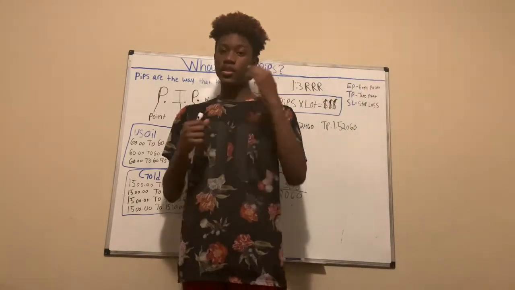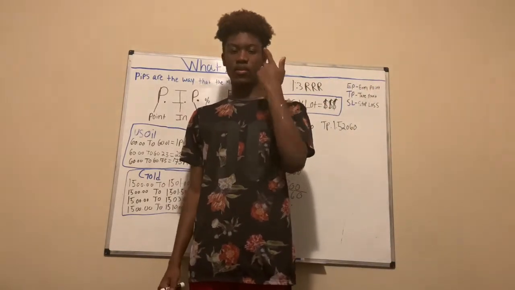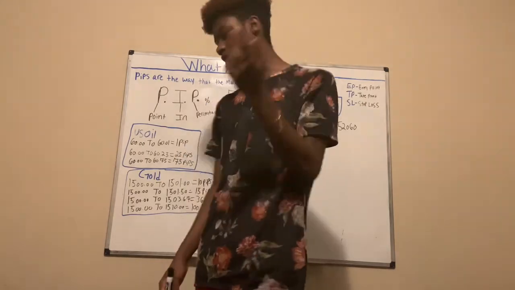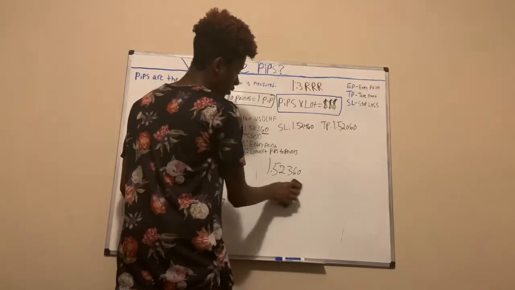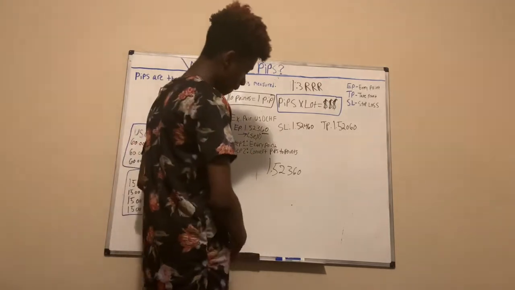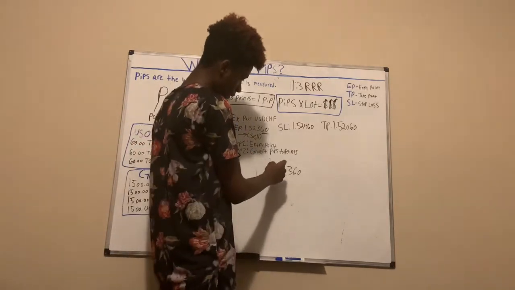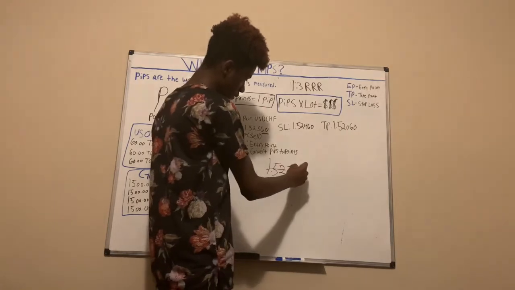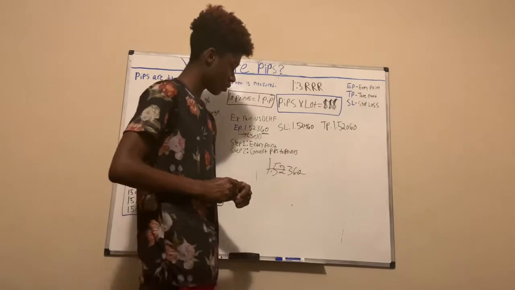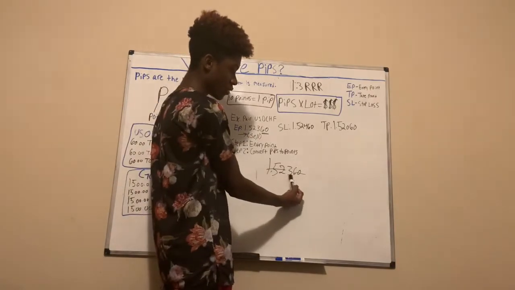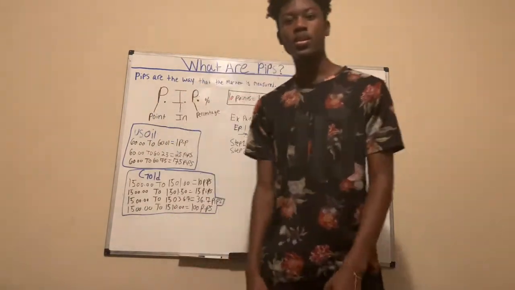And now an easy way to catch on to this, say you want to convert the pips into points. Watch this right here. If you noticed, it's only 2 numbers that change. These 2 numbers are the only 2 numbers that change, right?